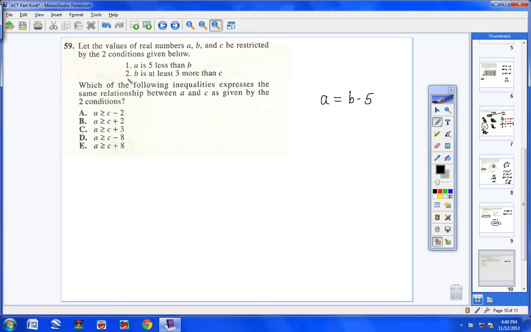Now, condition number 2, B is at least, so B is at least for sure 3 more than C. Three more than C.